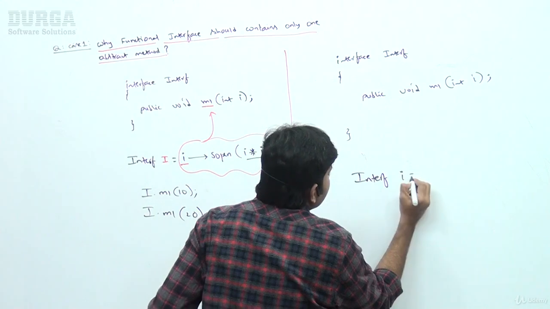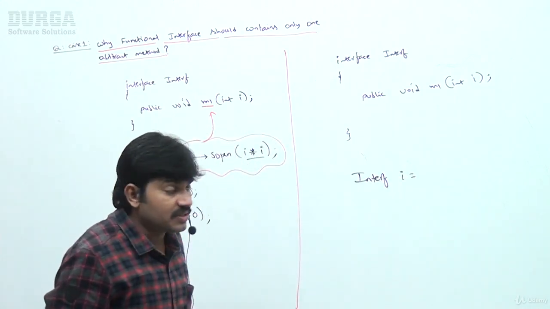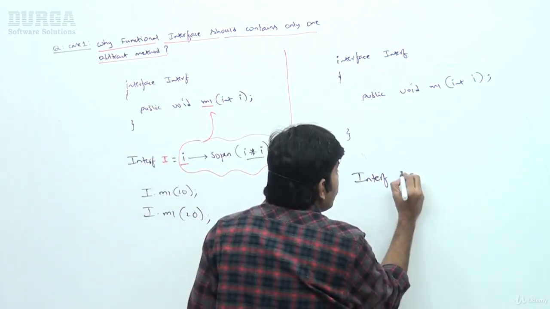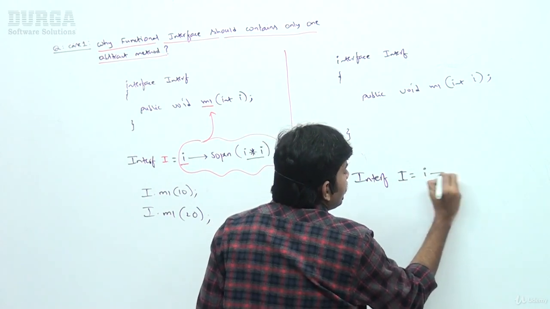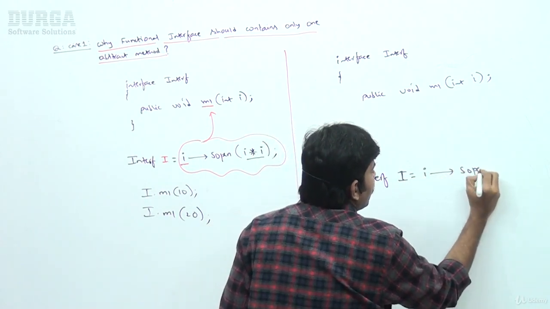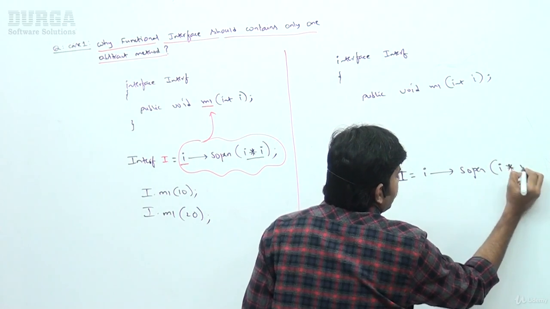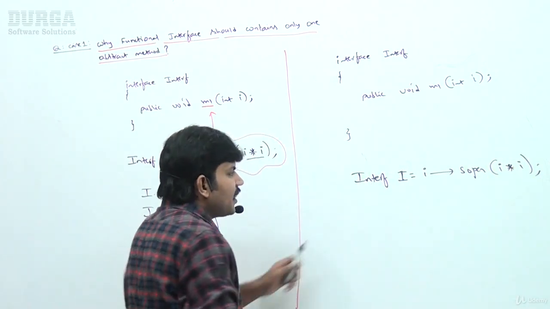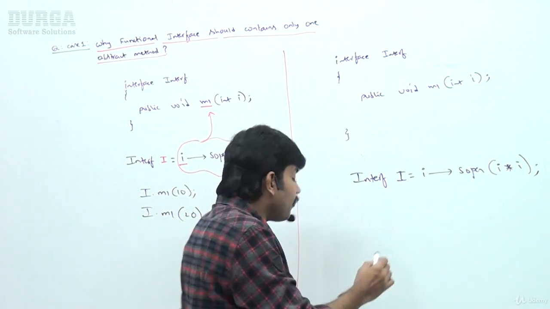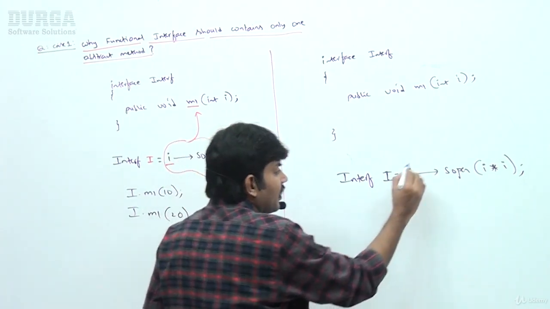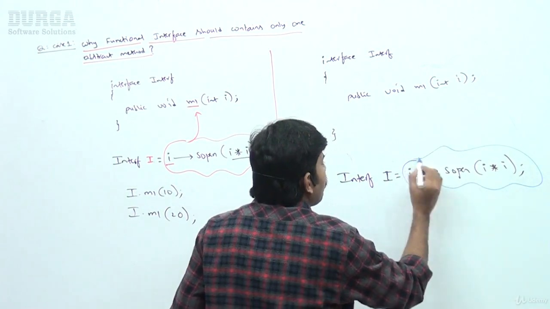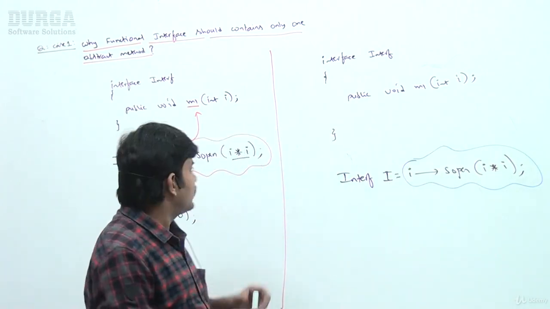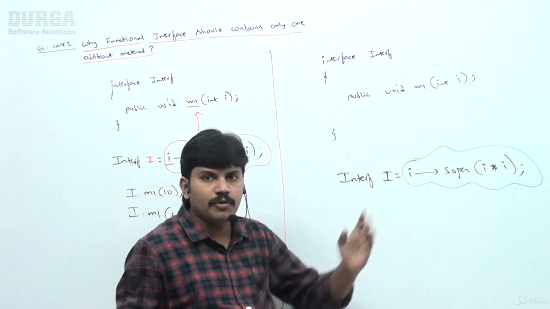Interf I is equal to, take very special care, I gives system.out.println of I into I. This total lambda expression is mapped to which method? M1 method, based on our previous discussion.